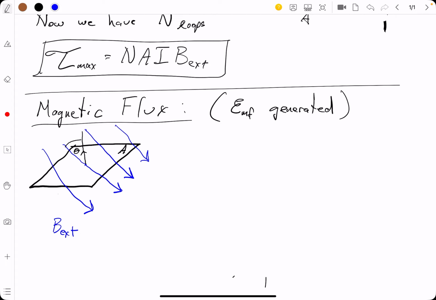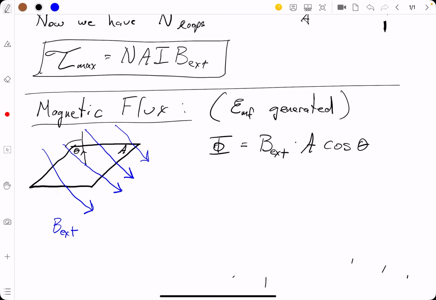Let's just get straight into flux. Flux is represented by this phi. Capital Phi is flux, and it's the B external times the A vector, or the normal vector, or the total area, times the cosine of the angle between B and the normal.